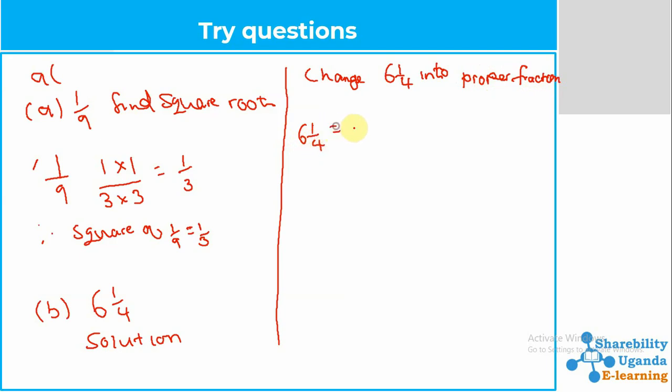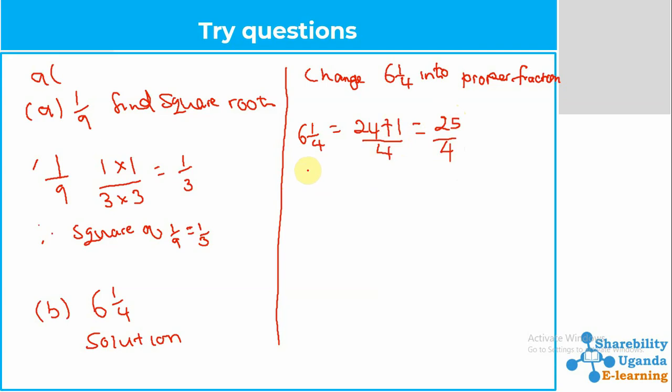It is going to be equal to 4 times 6, which is 24, then plus 1, then out of 4. This simply gives us 25 out of 4.